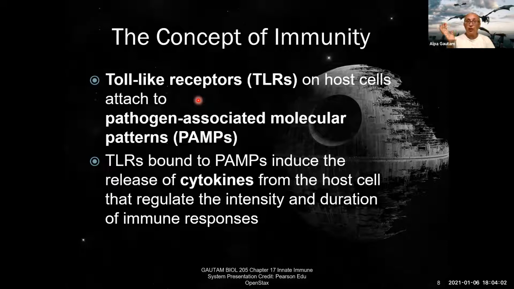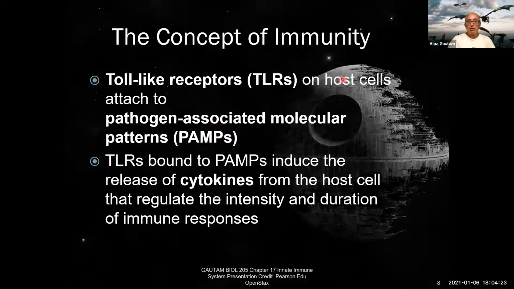So for the different types of proteins or glycolipids sticking out from a pathogen, you will have one specific receptor for these different permutations of these proteins, right?